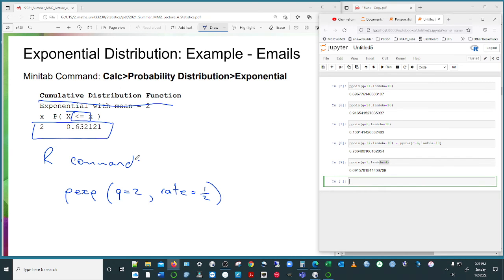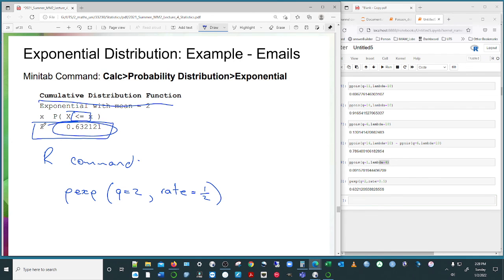So I can grab that and just put that in as pexp, q equals 2 in this case, comma, and then I've got to tell it rate, and I think I can tell it 0.5, and that should be okay. That shouldn't complain, and it's given us the value that we want. Okay, 0.632, which is this one, so you can see it's the same value.